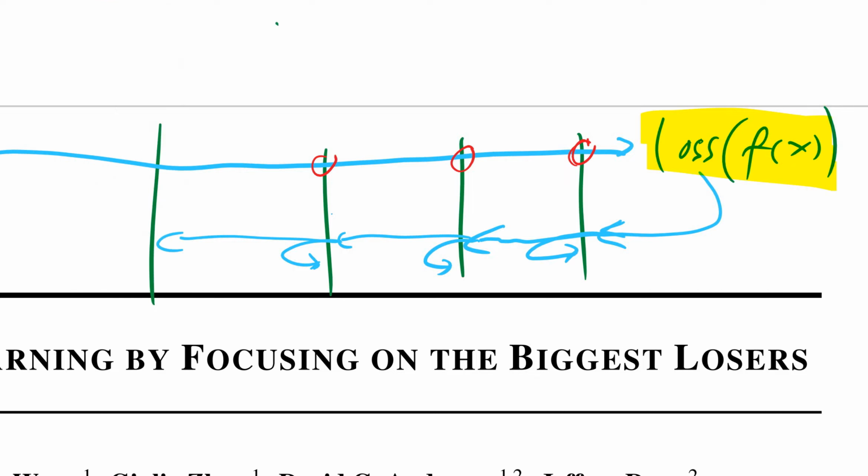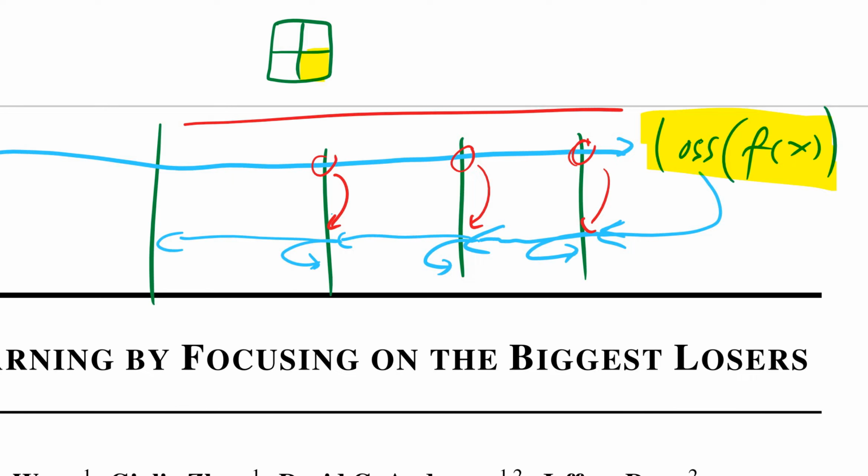In max pool, you maybe have 4 pixels that are next to each other, and you select one of them. Now, you need to remember during the forward pass which one you selected. Otherwise, the backward pass won't work. You need to know which pixel to backprop through. And that's why at each point you need to remember information to inform the backward pass. So that's why you need a second forward pass with only the examples that you want to train on.